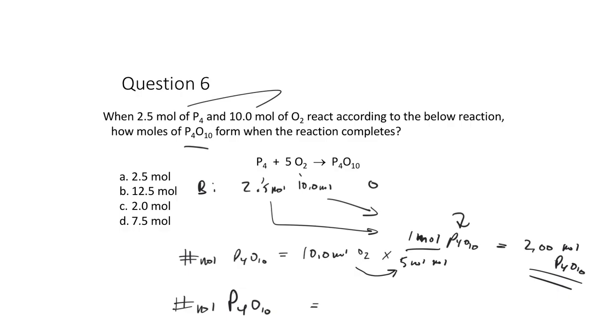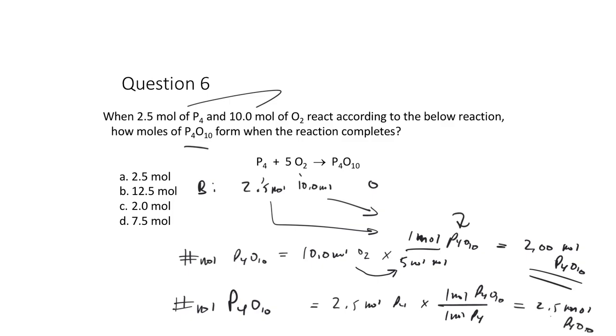The number of moles of P4O10 is what we're looking for here, but starting with the 2.5 moles of P4, and for every 1 mole of P4 that's consumed, we produce 1 mole of P4O10. So that means I get 2.5 moles of the product.